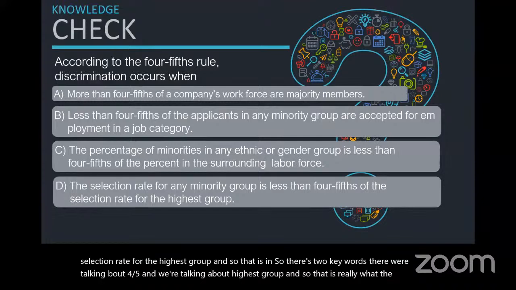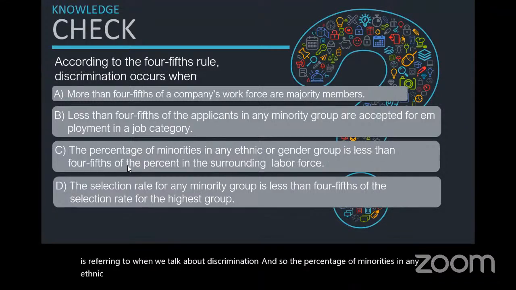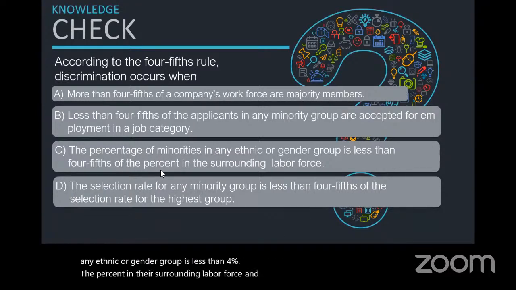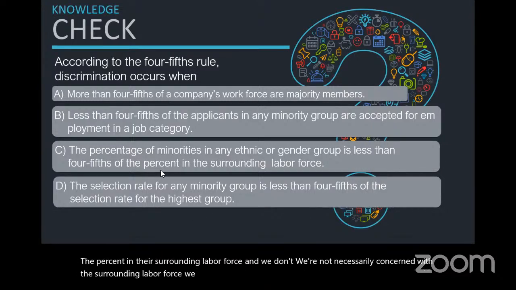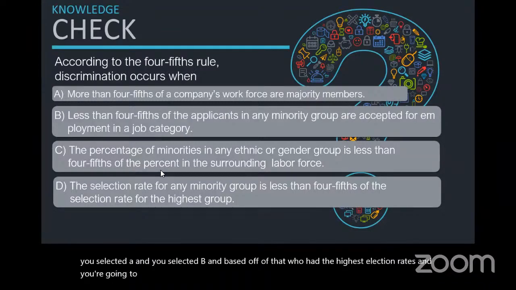So the percentage of minorities in any ethnic or gender group is less than 4/5 of the percent in the surrounding labor force. We're not necessarily concerned with the surrounding labor force. We are concerned with your recruiting practices as the employer. You selected A and you selected B, and based off of that, who had the highest selection rate, and you're going to divide by that 0.8.